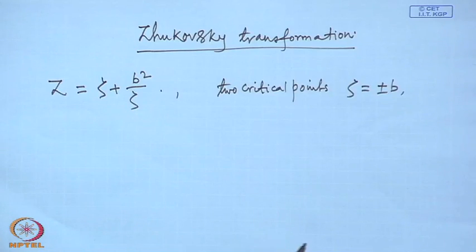So, since there are two critical points, if we have both critical points on the surface of the circle, then the transformed geometry will also have two such sharp corners, because at the critical points the transformation is not preserving the angle and the smooth surface becomes a sharp corner.